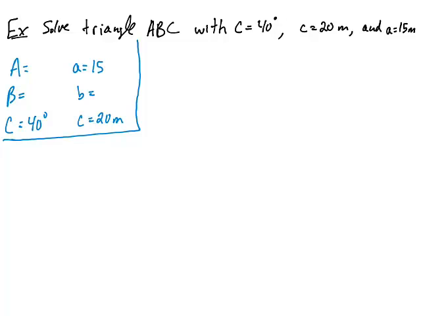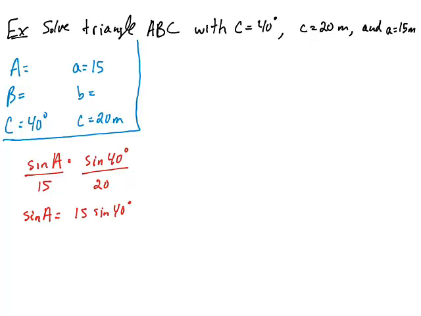Setting up, we're going to try to solve for angle A first. So sine A over 15 is equal to sine of 40 degrees divided by 20. So multiply both sides by 15, I get sine of A is equal to 15 sine of 40 degrees divided by 20.